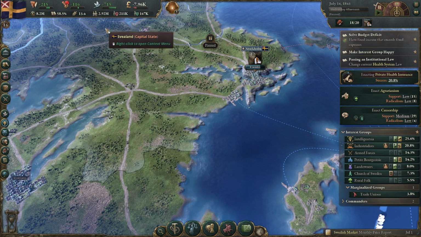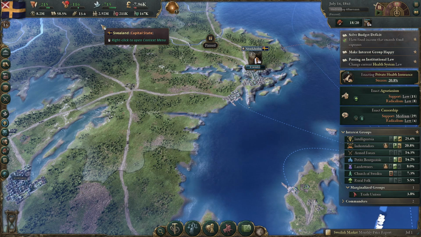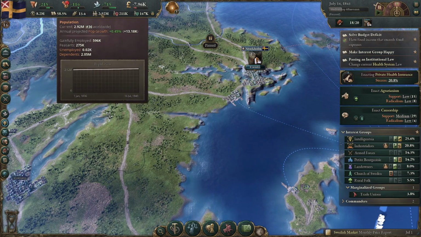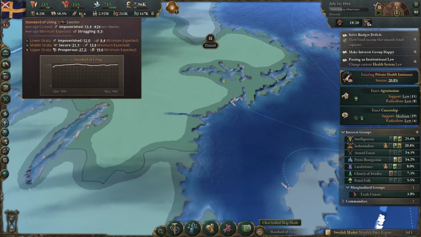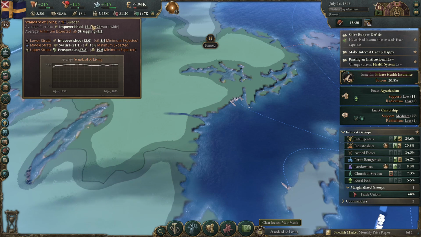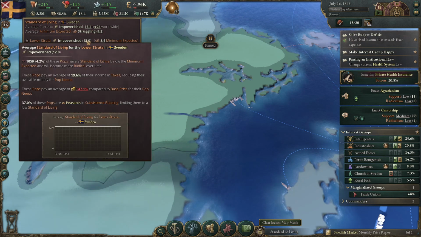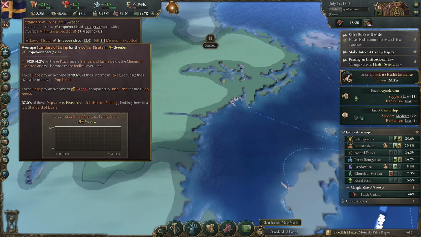What happened was, I watched somebody doing a playthrough of Victoria 3, just out of idle curiosity, and they got this menu up, and it took me a long time to work out where that menu comes from. I think what you've got to do is come into here, and then, where is it? Can't find it now. What you see is it says here, average standard of living for lower strata.